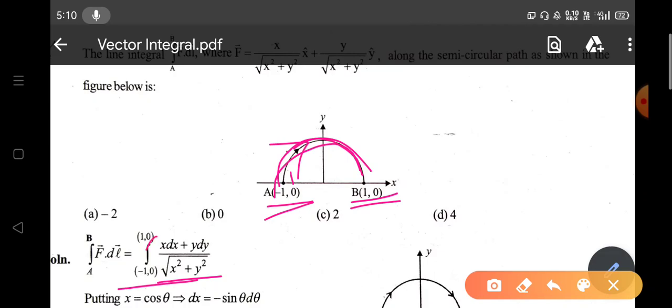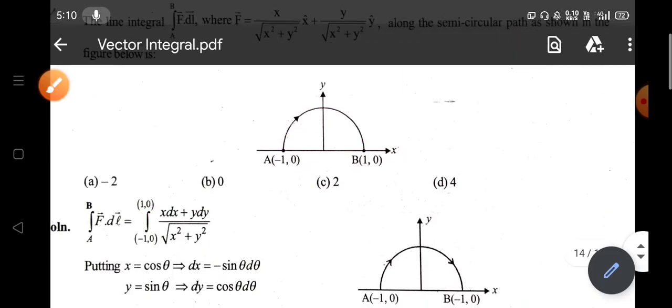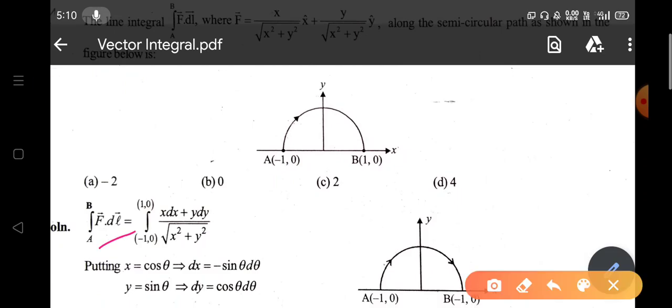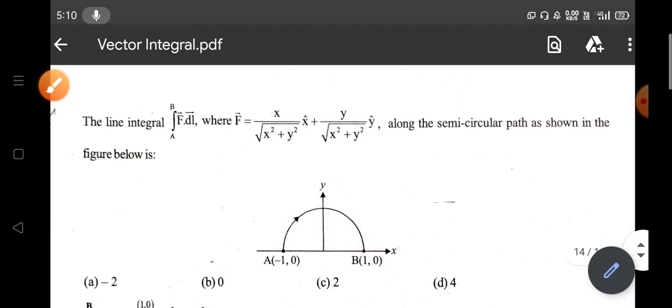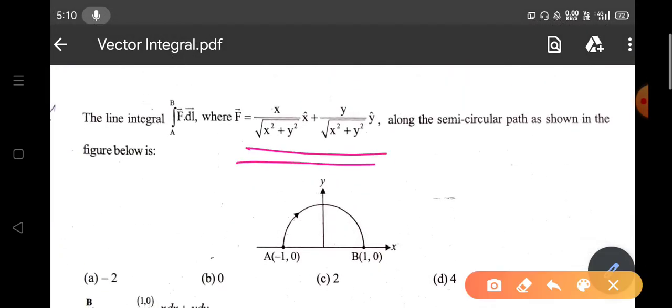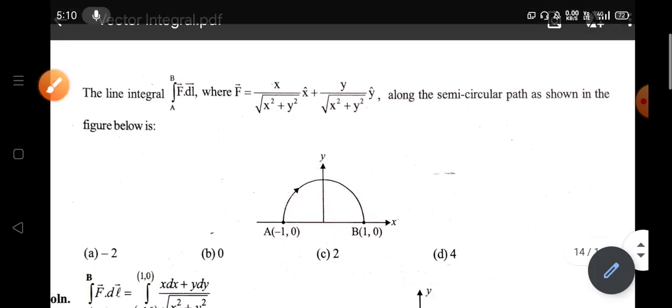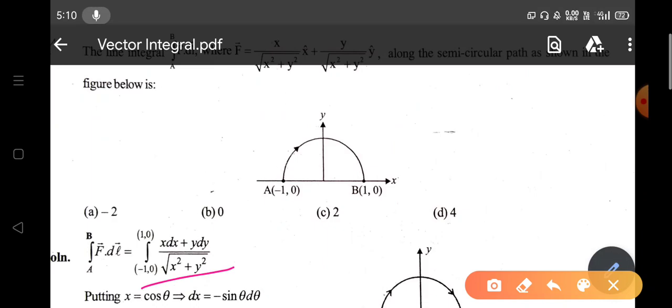So the integration will be from minus 1, 0 up to 1, 0, and f dot dl can be written as x dx plus y dy divided by root over x square plus y square, because f is given as such. Whenever you take f dot dl, you will get this answer.